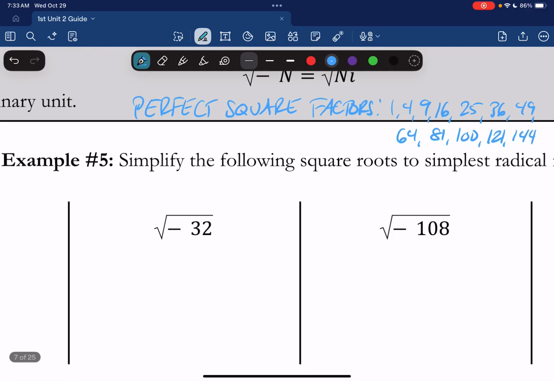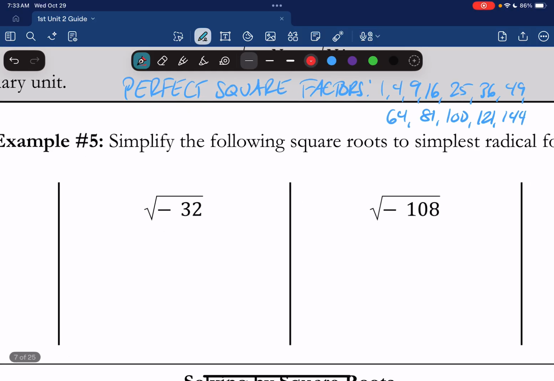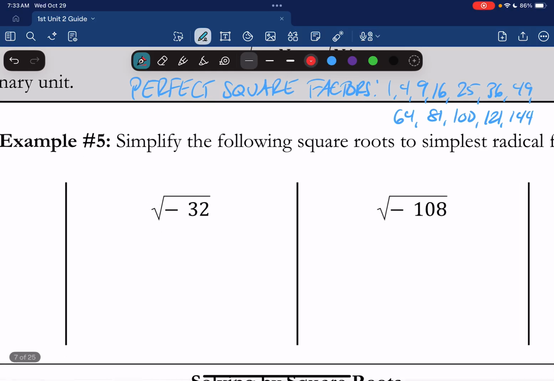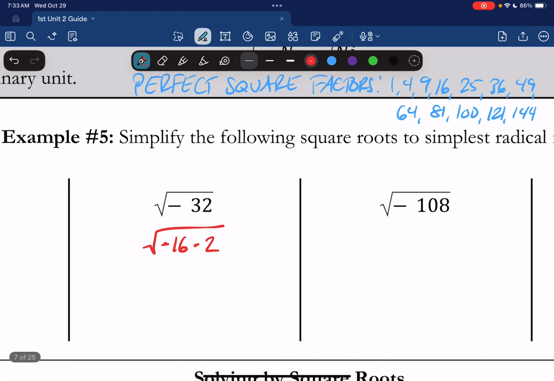So I'm asking myself, which of these are factors of 32? So 32 is 16 times 2. So what I can do is rewrite this as the square root of negative 16 times 2.